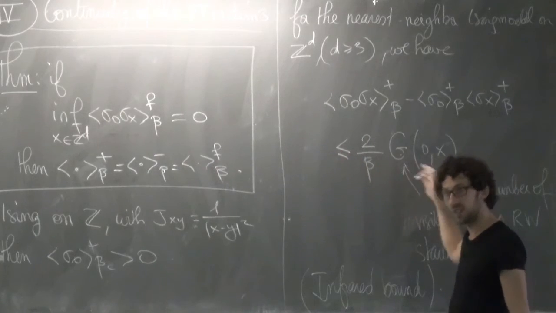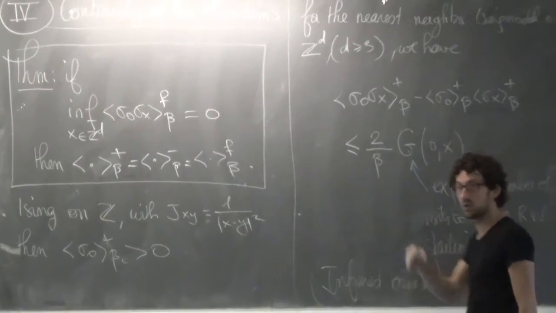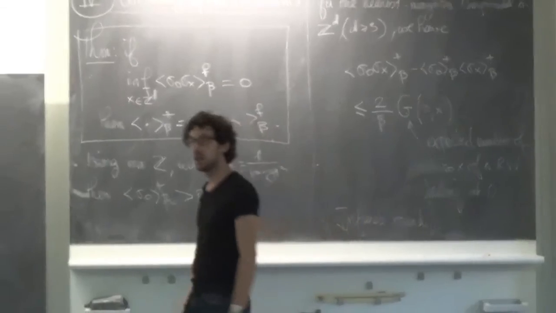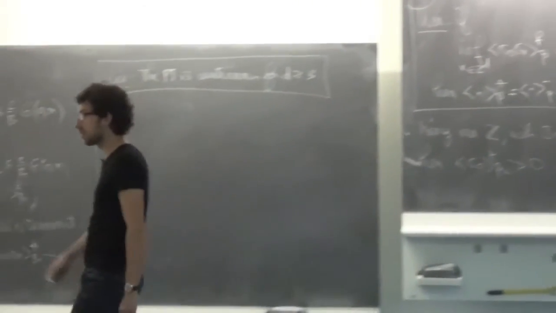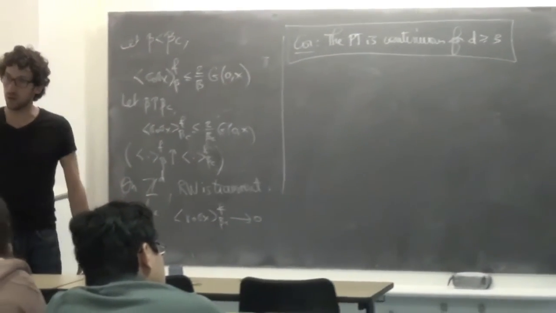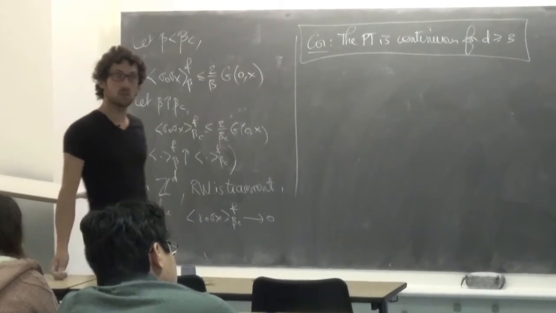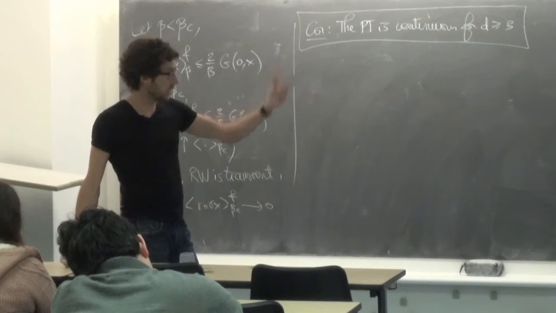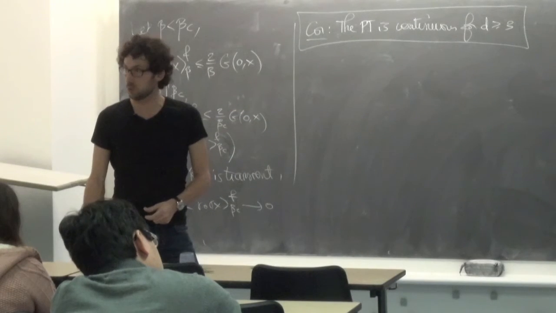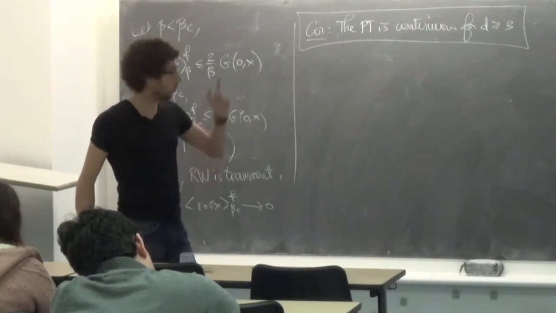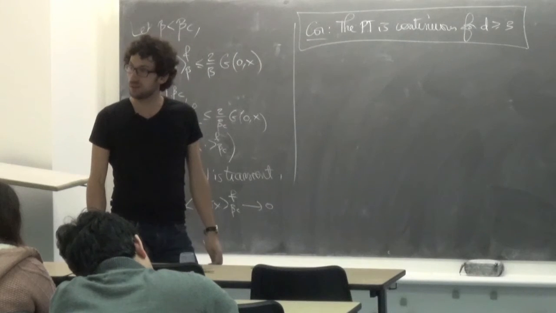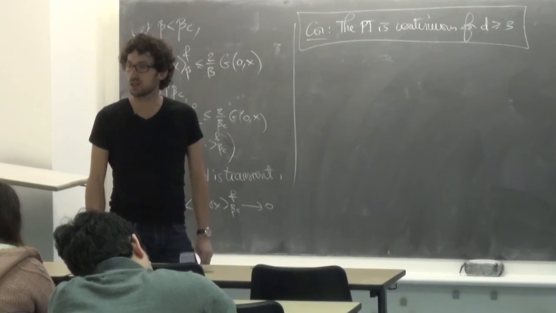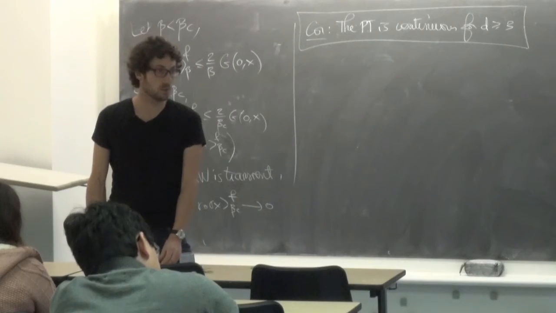The problem is that proving this infrared bound uses what we call reflection positivity, and reflection positivity is not available for any J_xy. In particular, if you take 1 over |x-y| to some power, it works. So there are models for which you can also deduce similar results, but it's not all the models, unfortunately.